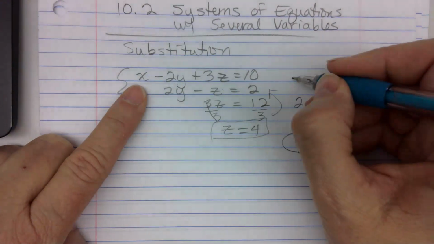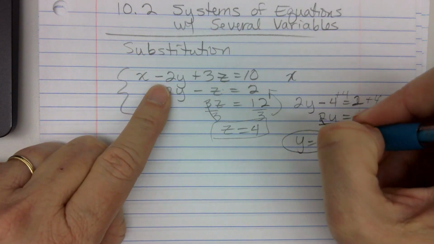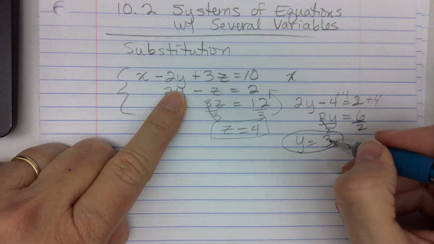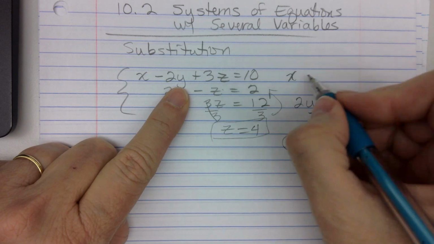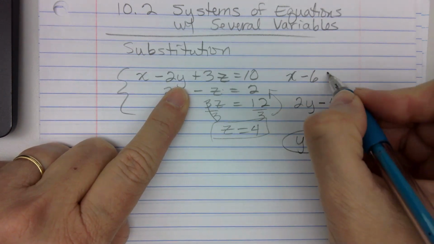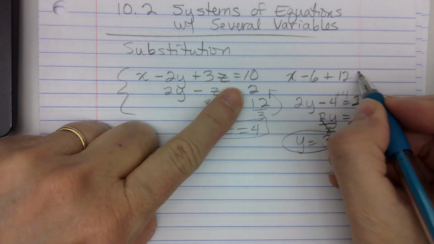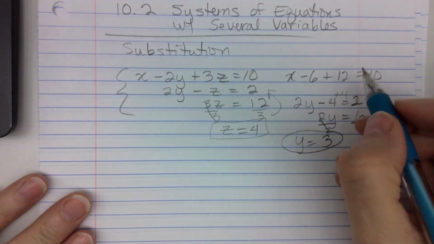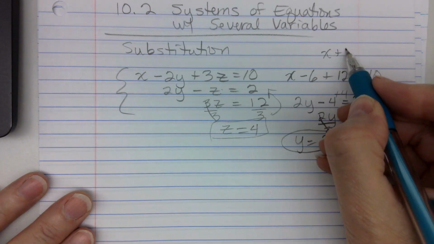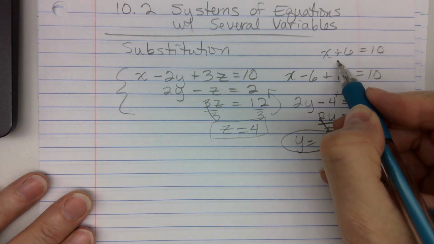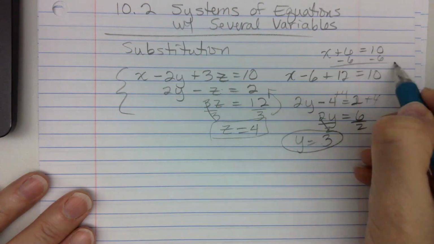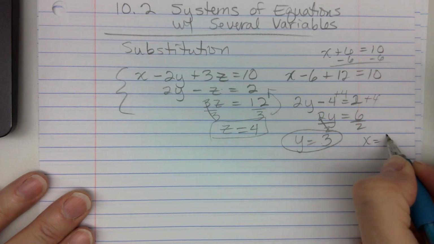Now, to get the x, go back. Substitute the y we just found. What's negative 2 times 3? What is 3 times 4? Negative 6 plus 12 is, subtract the 6, we get x equal to 4.